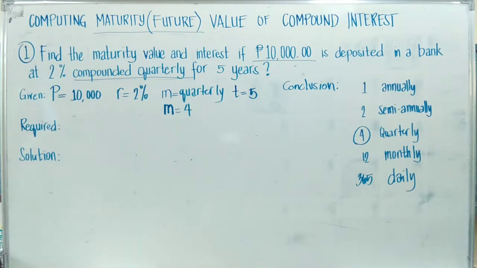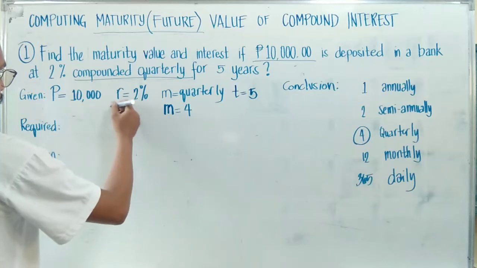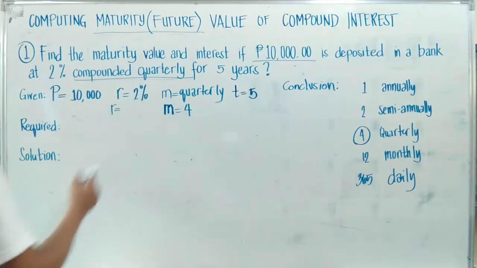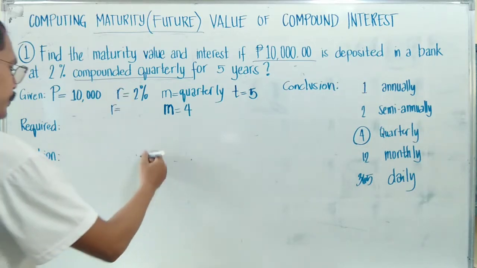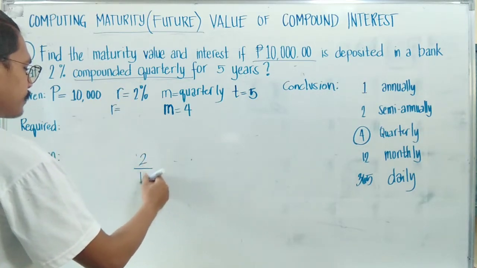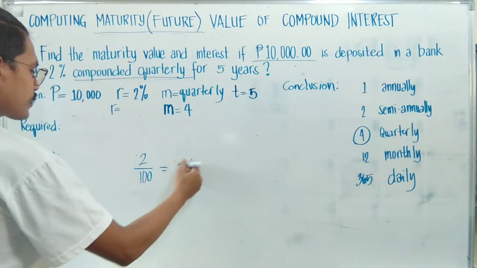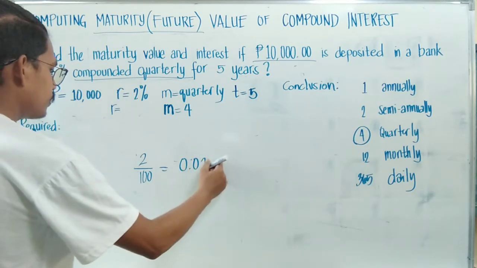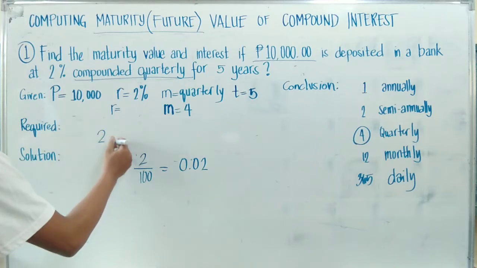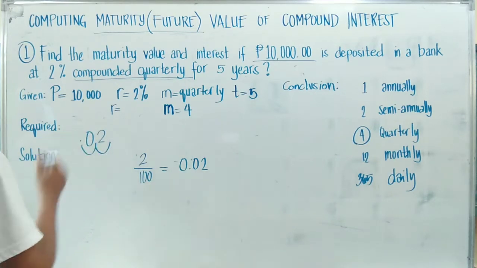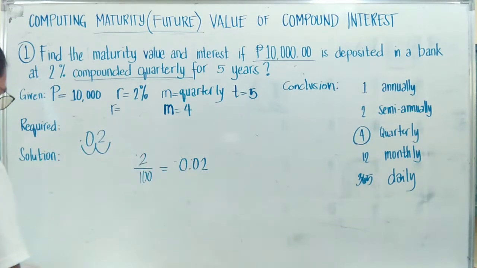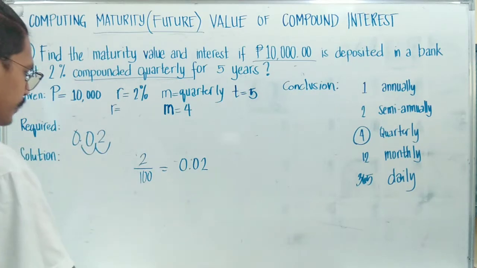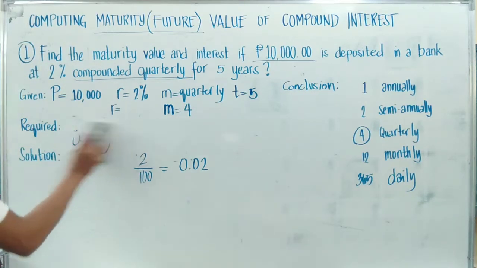So R first will be converted into decimals. We have 2% divided by 100 equals 0.02. The decimal is 0.02, or you can add 0 to make it prettier.